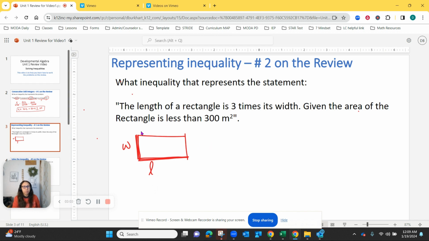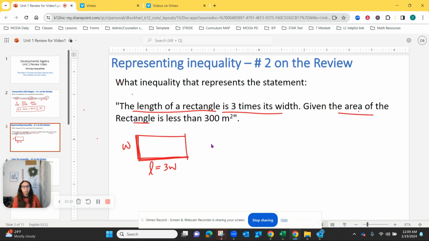On this statement, the length of a rectangle is 3 times its width. So that means the length is equal to 3W. Another piece of information given is the area of the rectangle.